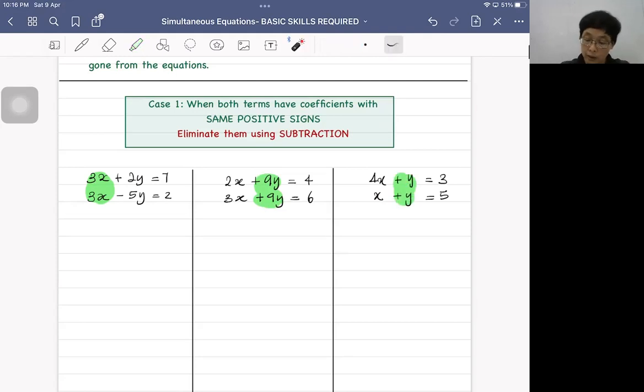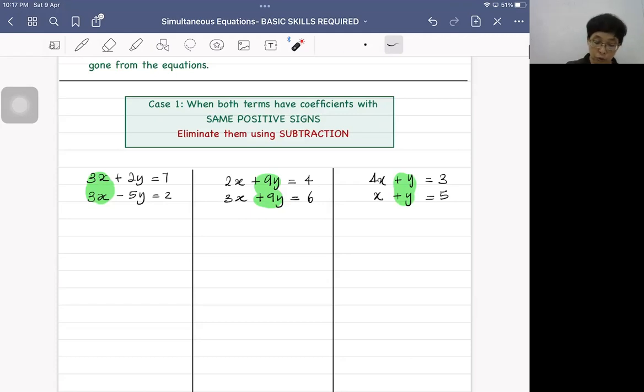I want us to pay attention that in case 1, both terms have coefficients with the same positive sign. Do you notice this is positive 3, positive 3. Here we go, positive 9, and then positive 1, positive 1. So when you encounter a situation like that, how do you eliminate the two terms?